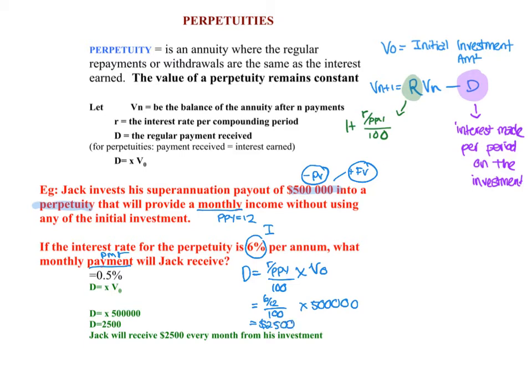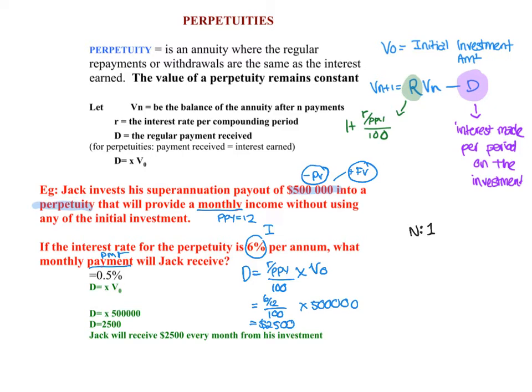Now I could have done it, and I probably would be doing it this way if it was me, on Finance Solver, because you get so used to all these questions and just always using Finance Solver, we may as well use it. Now with Finance Solver, the question is asking for the payment. So every period, every payment is exactly the same, like what we said before. So we can just work out one payment.